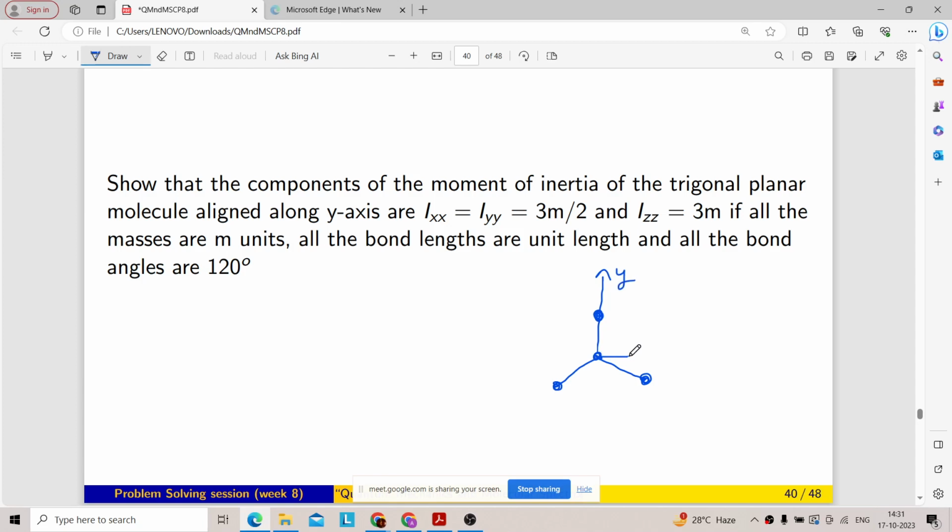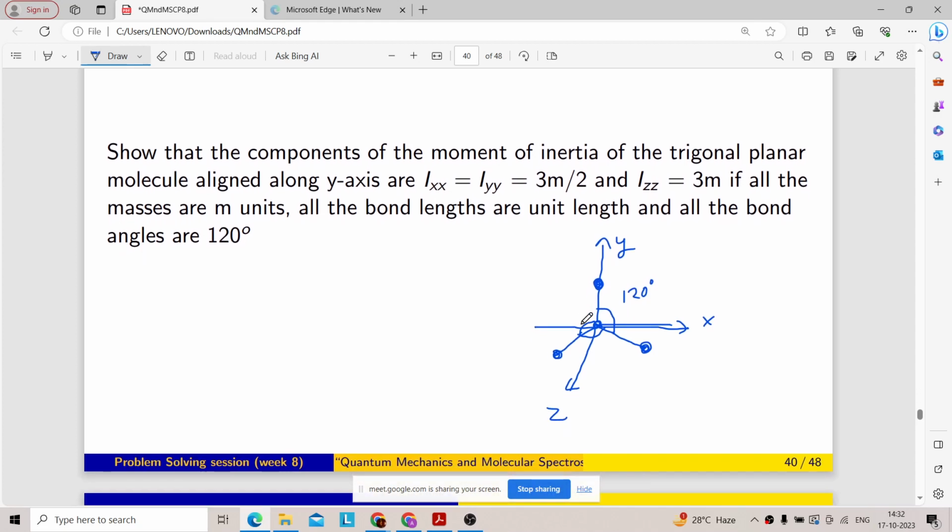So we can take this axis as the x-axis and this axis to be the z-axis, and the bond angle is 120 degrees. And every mass is m.